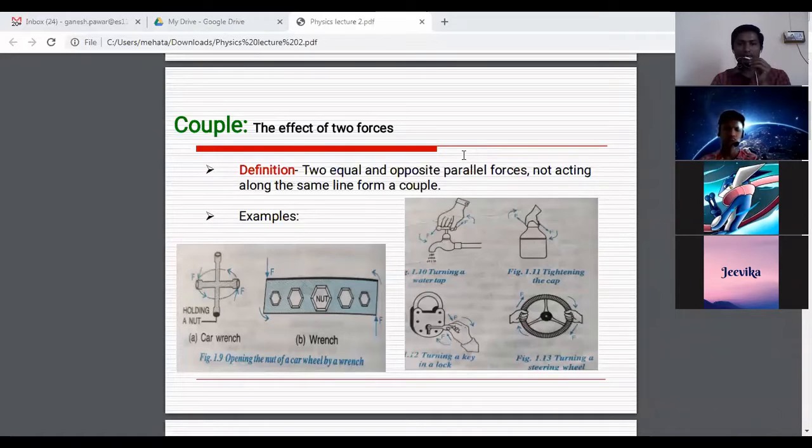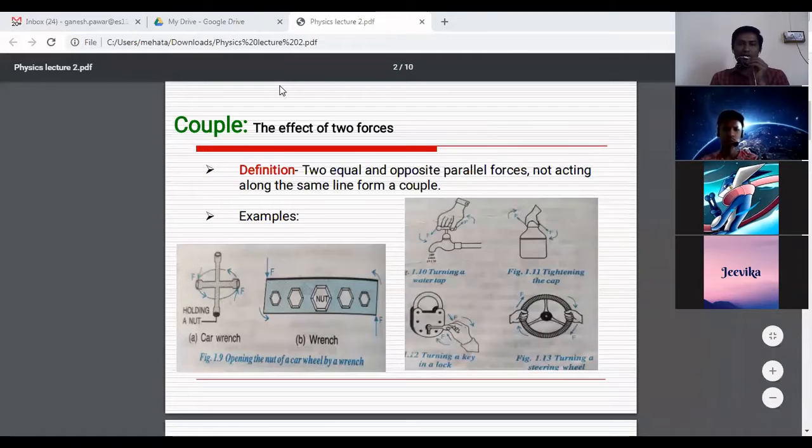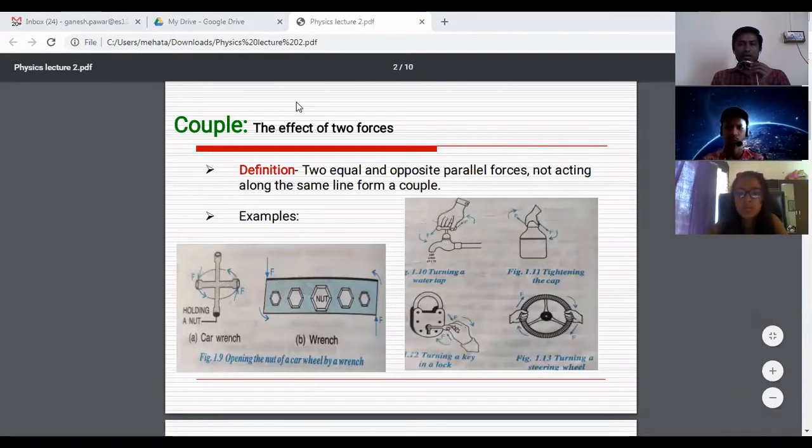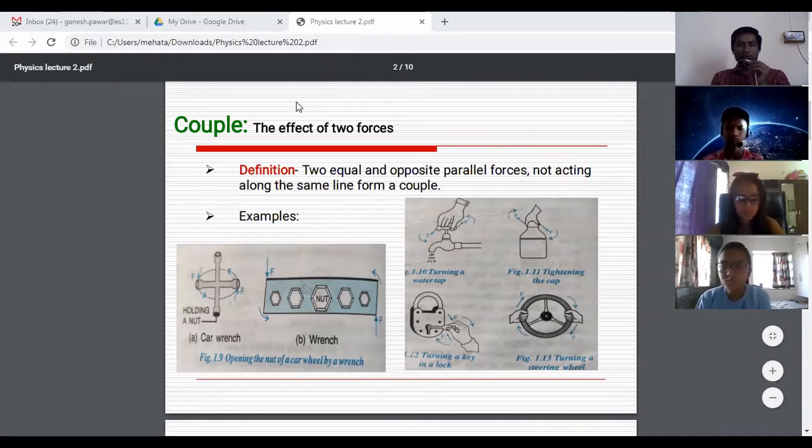Zero. Hannah, can you tell me why at the hinges the moment of force will be zero? Because the perpendicular distance is zero at the hinges.